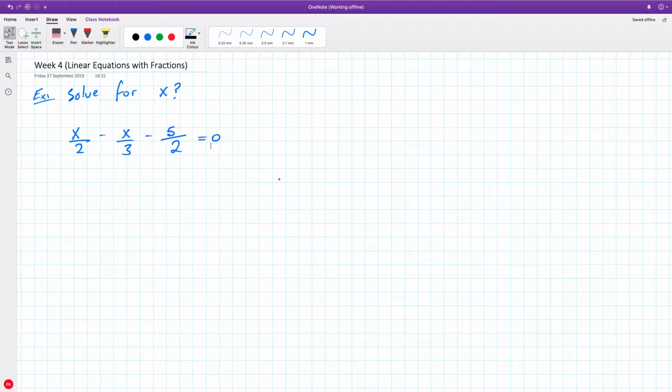So, let's have a little look at it then. Great. What is the lowest common multiple for 2, 3, and 2? 6. So we're going to multiply this by 6, this by 6, and this by 6. Great. 2 into 6 goes 3 by our top number, which is x.